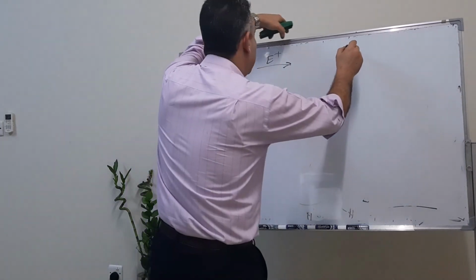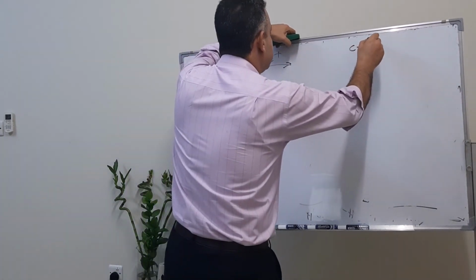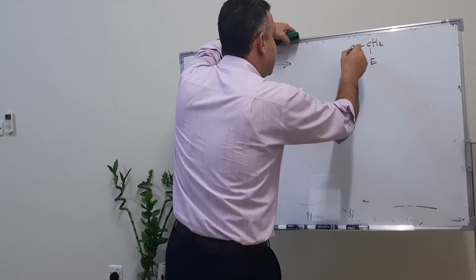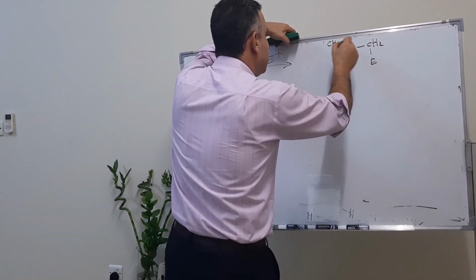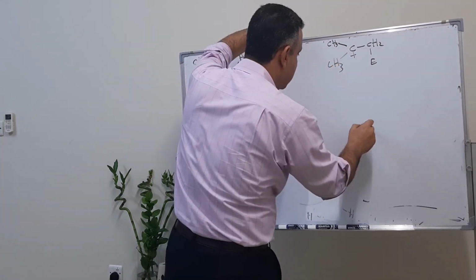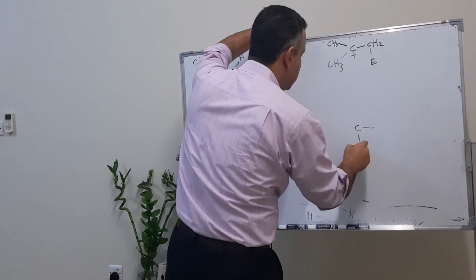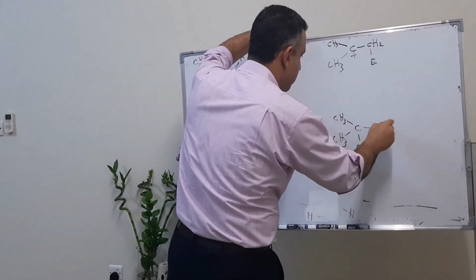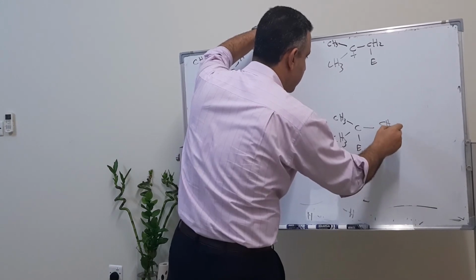Either the electrophile attacks the first carbon, here for example, and then the plus is in here, or the electrophile attacks the other carbon and the plus will be there.